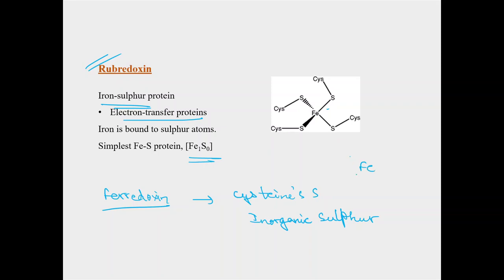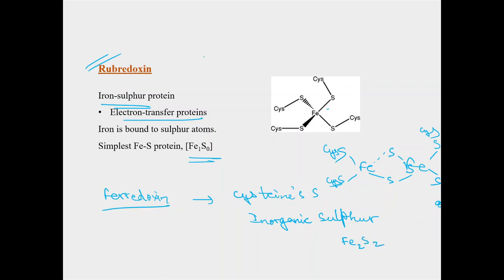Let's say we have Fe, then S, and these two are S from cysteine. So here we call this Fe2S2.